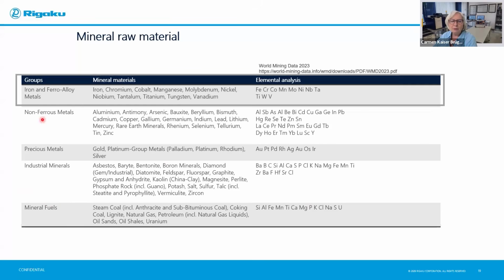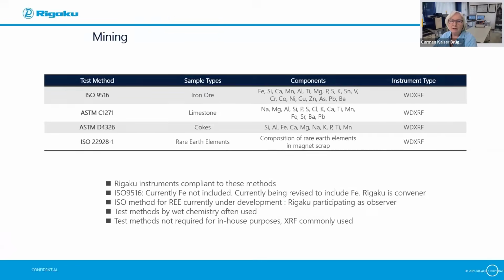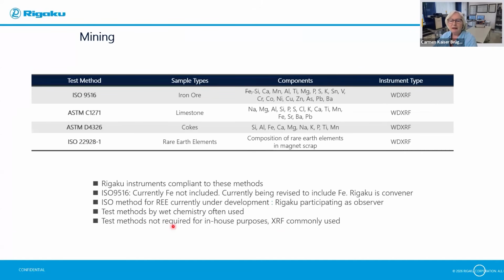So these groups are very often associated with different international standards. So here we can see, for example, if we have an XRF in the lab, it's really important to abide by the international standards. So here we have ISO and ASTM standards, and they are associated with a certain type of sample.